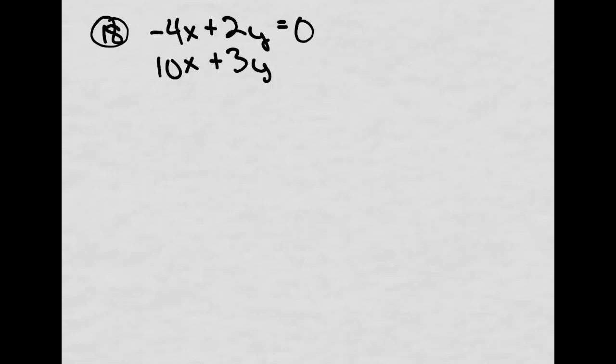All right, so 18 says negative 4x plus 2y equals 0. And 10x plus 3y equals 8. So the 2 and the 3 seem like they'll be the easiest to deal with. Okay, so let's multiply this one times 3.